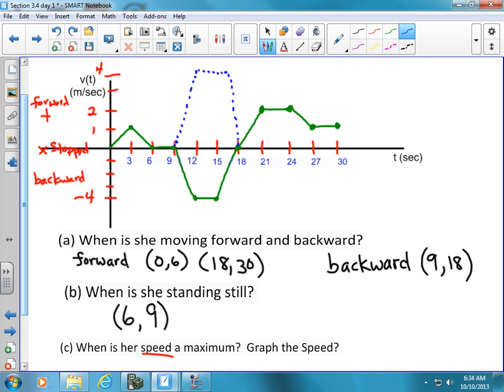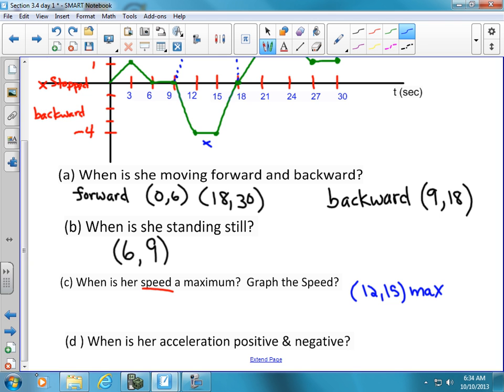So her speed is a maximum between 12 and 15.